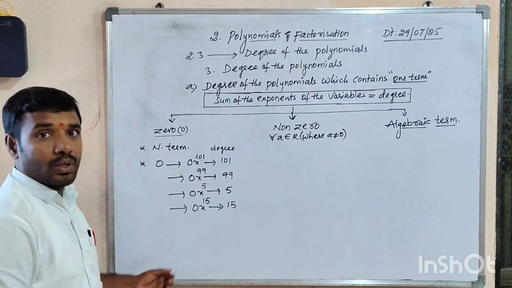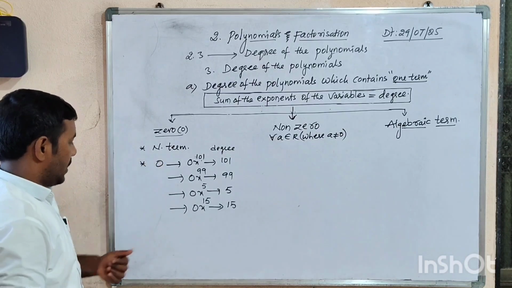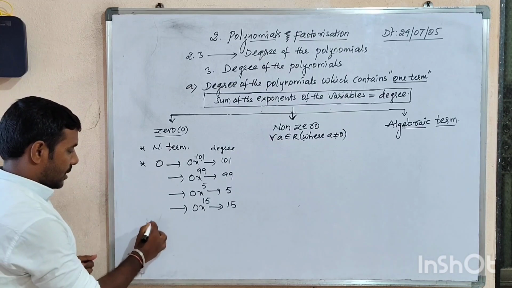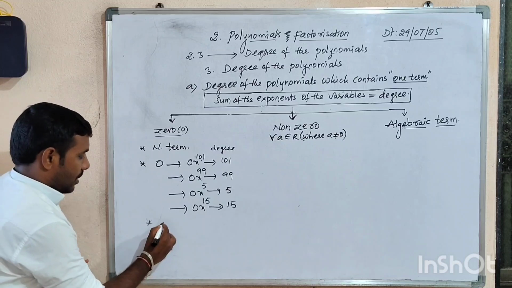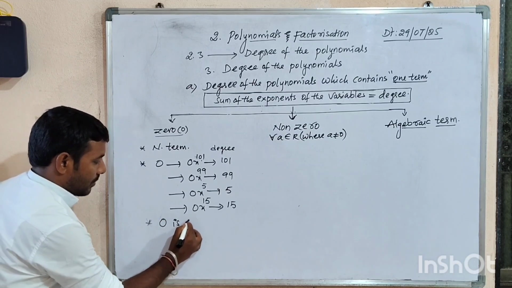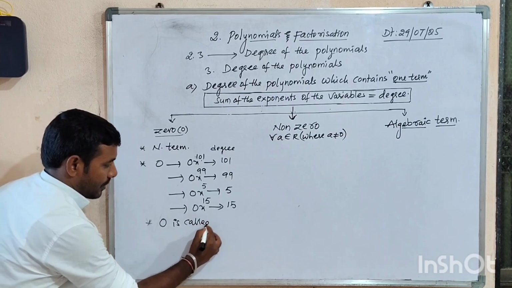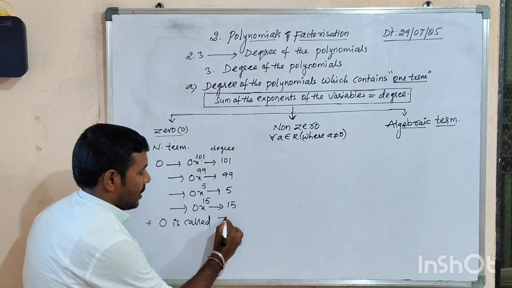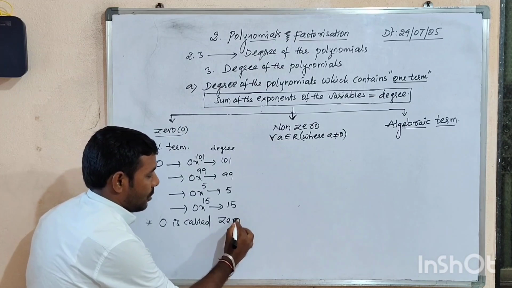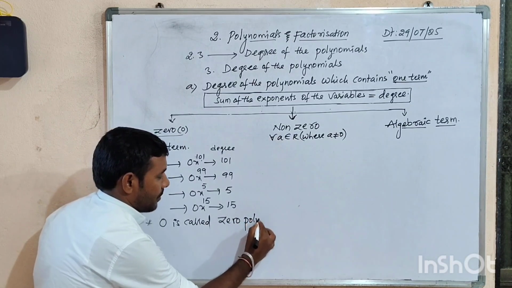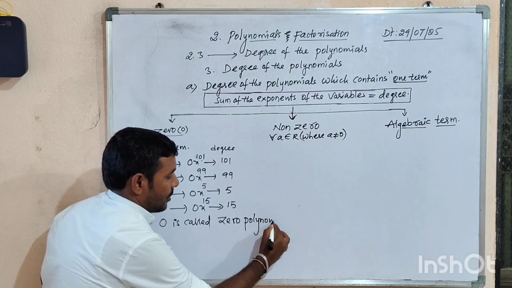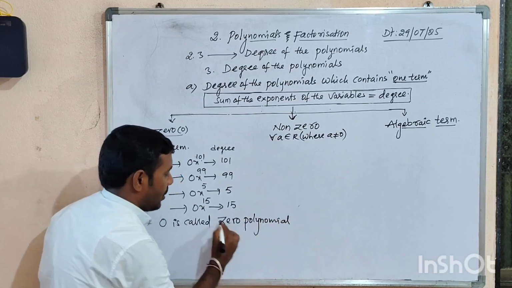One more important thing. Concentrate. Here, 0 is called the zero polynomial.